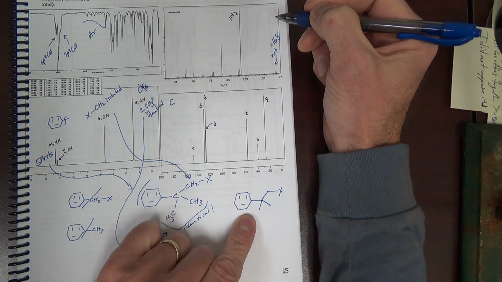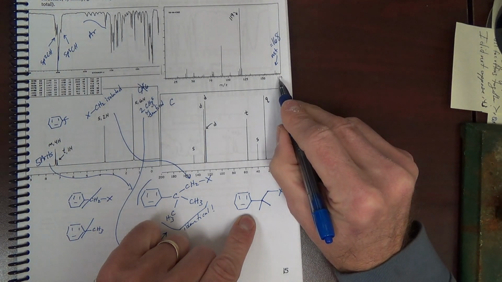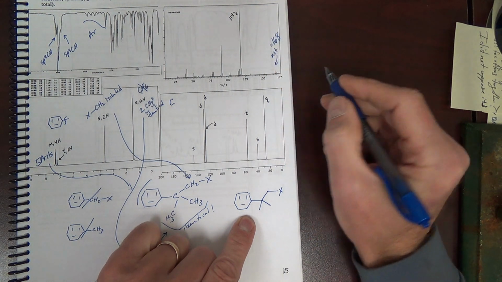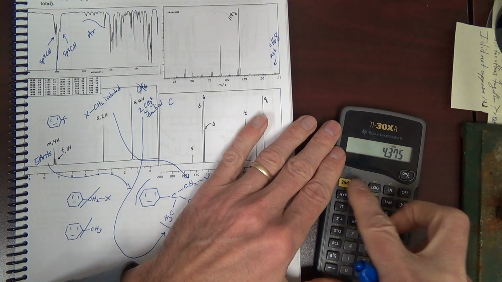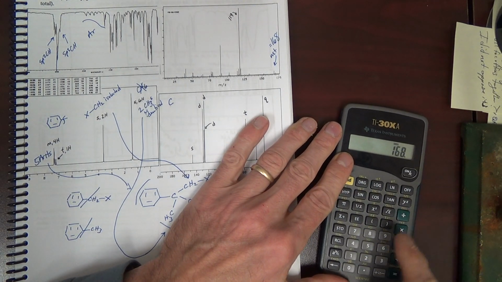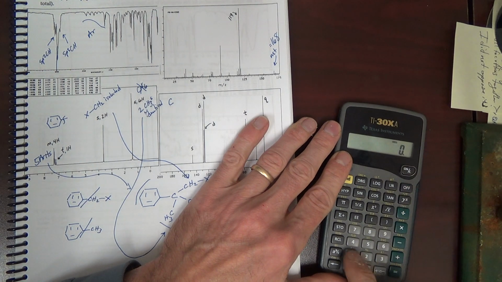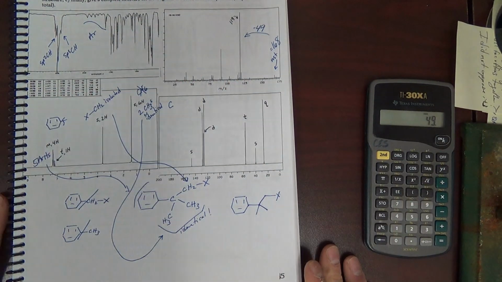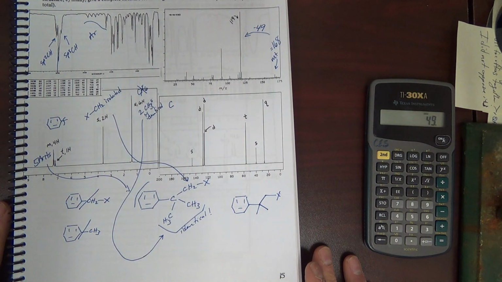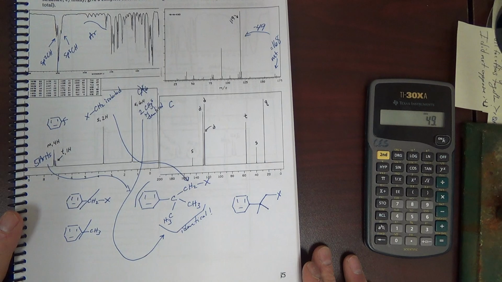That is loss of... it's got to be 168. What's the difference here? 168 minus 119 equals 49. That's an odd mass. 119.